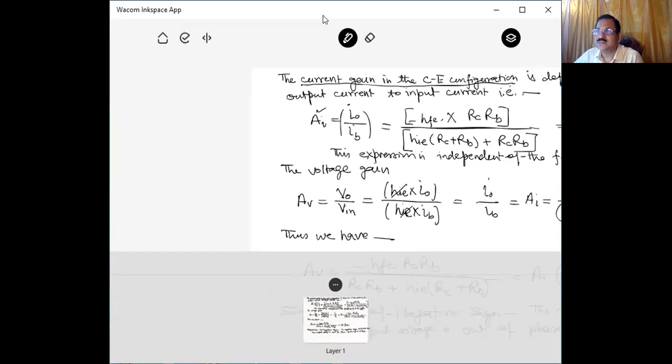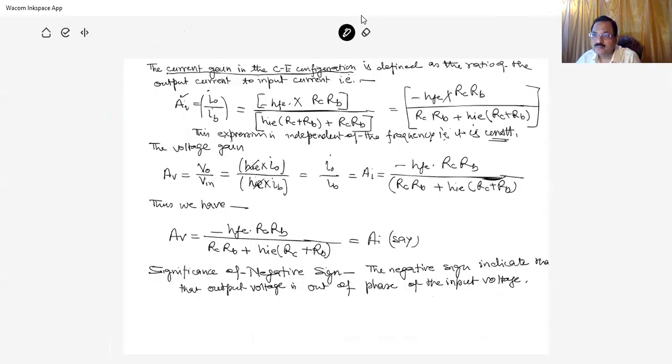Now the voltage gain can be expressed. This AV is equal to output voltage upon input voltage. Output voltage is the multiplication of current with the output impedance, and the input voltage is the input impedance multiplied by the input current. So this hie is common, which cancels out. So this one is the same as the current gain, that is I0 upon IB, and therefore the same expression as in the above case.